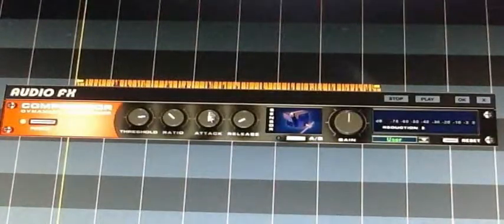So all these functions work independently of one another, and this allows you to apply changes to your track and affect the punchiness of a drum groove or the impact of a bass line.